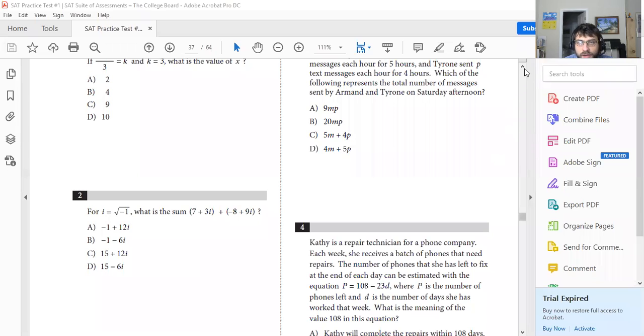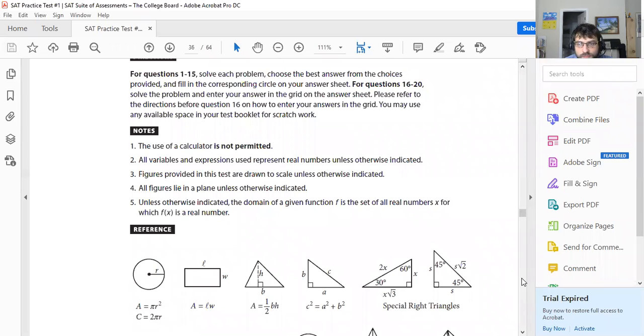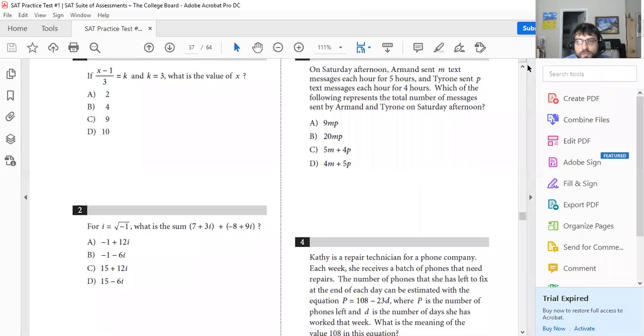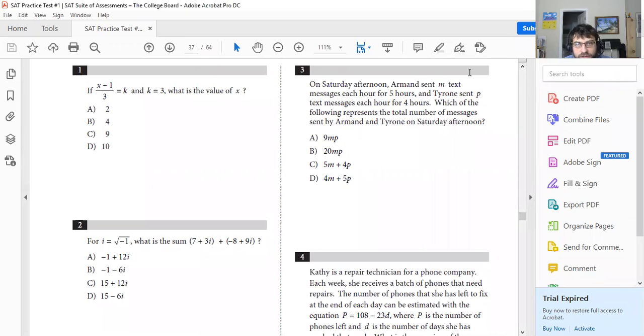And then we have number 3. On Saturday afternoon, Armand sent M text messages each hour for 5 hours. So M text messages per hour for 5 hours, that'll be 5M text messages for Armand.